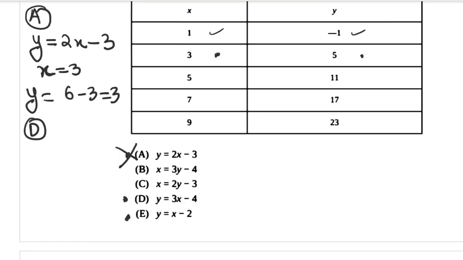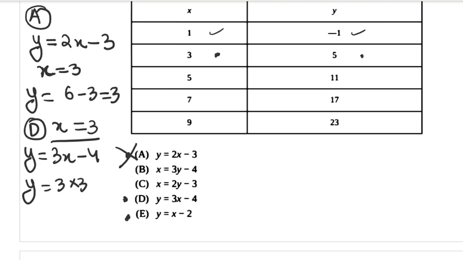Option D. Y is equal to 3x minus 4. So I'm putting x equal to, of course, 3. Y is equal to 3 into 3 minus 4. So that is 5. Very nice. I got y as 5 in my D. Now let's check once again.